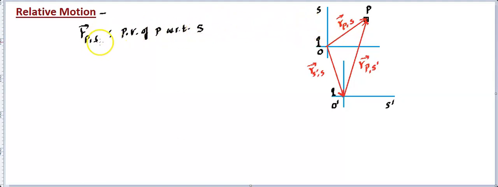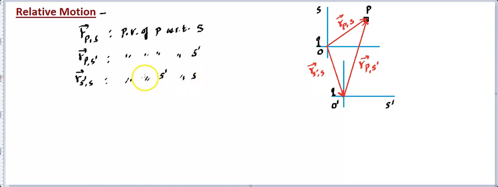Similarly, R P comma S dash or S prime represents the position vector of the same point with respect to the new frame S dash. And there's another position we are considering, that of the S dash frame with respect to S. That's the position vector of S dash as seen from the S frame.